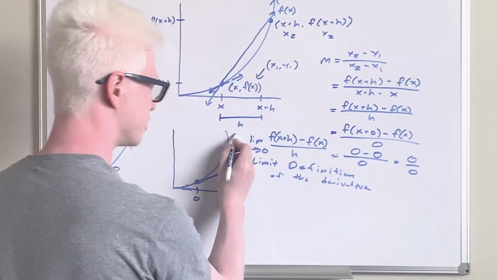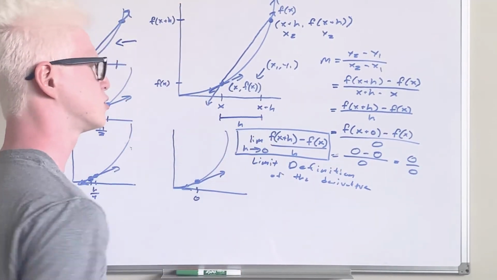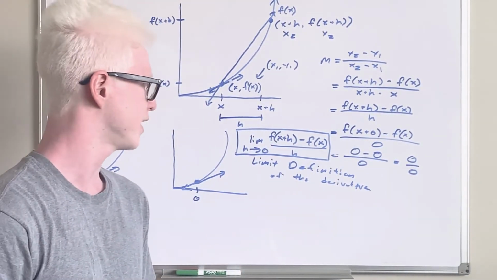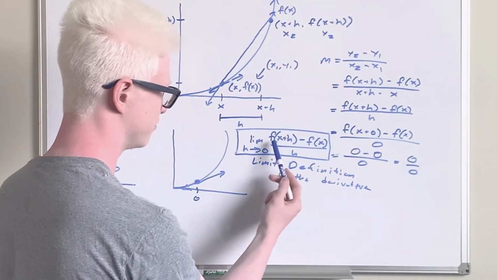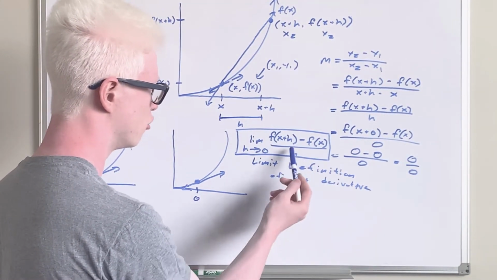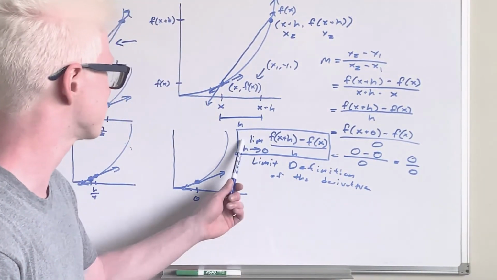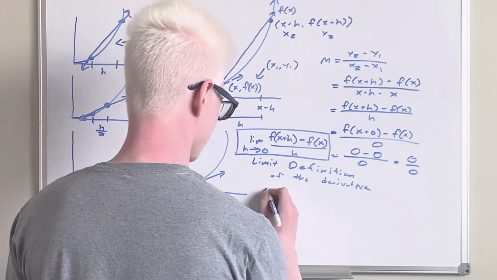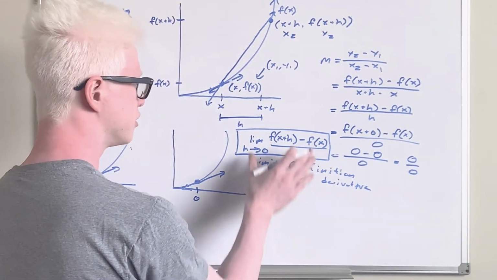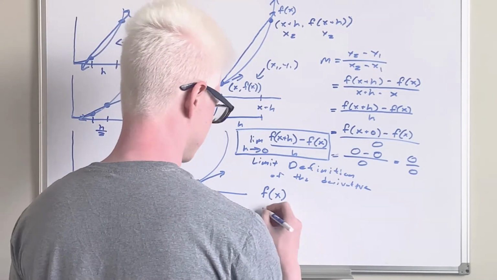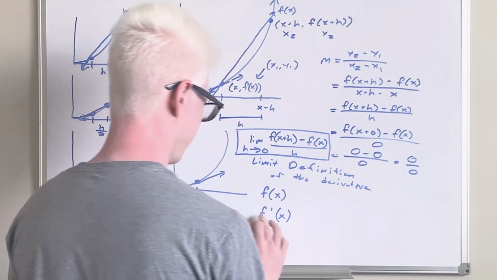So this expression right here is the derivative. Now, when we have concrete examples of actual functions, because remember, these are just functions plugged in at different values over a change in x, when we start plugging in real functions, we're going to find that if we say the function we're interested in is f of x, this right here will give us another function of x, but we call this one f prime of x.